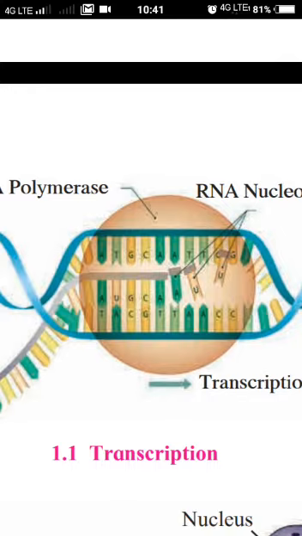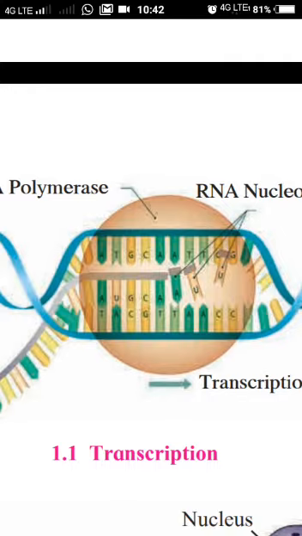So here the DNA molecule becomes uncoiled. The DNA is a highly coiled molecule, we know that, and one of the coils gets uncoiled, and at that place the single nucleotide or nitrogenous base comes and attaches with the nitrogenous bases present on one of the strands of DNA.